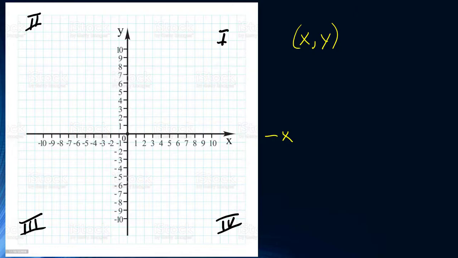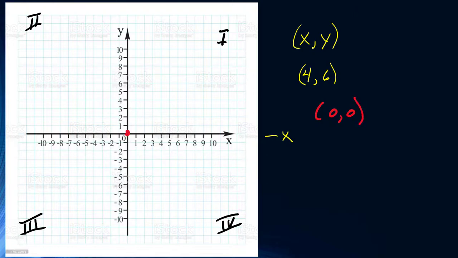So if you're given a point 4, 6, we always start at the origin. That's that point right there. And the coordinates of that point are 0, 0.